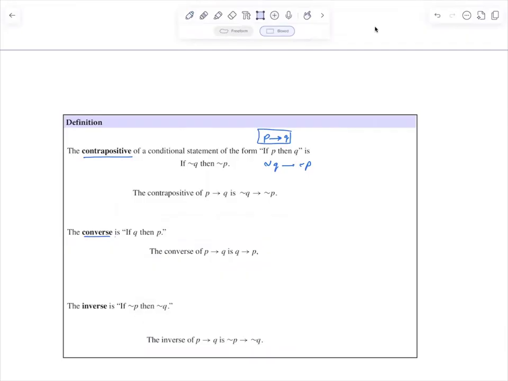The inverse of P, then Q is not P, then not Q. So please memorize these. Later on when we're practicing, we're going to ask you to write down the inverse, converse, or contrapositive of different types of statements.